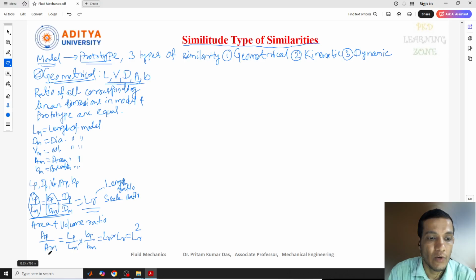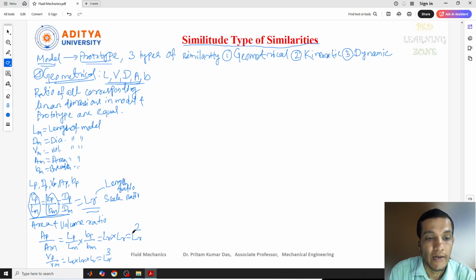Similarly, in the volume you can write volume of the prototype by volume of the model. Here also similar things. I can write length, width, breadth, and diameter also can be considered. So I can write LR into LR into LR, that is nothing but LR cube. Or else we can write length by length cube.